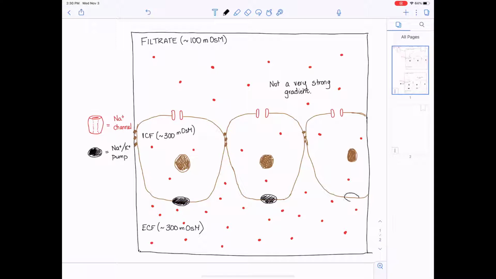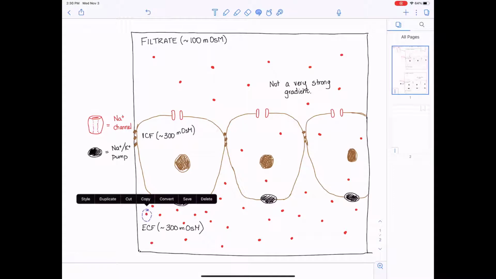That sodium-potassium pump is responsible for taking sodium that's inside the cell and kicking it out to the extracellular fluid. And you can see that I'm doing that in the left-hand cell here. By kicking out more sodium, I create a stronger gradient and therefore compel more sodium to enter the cell from the filtrate.